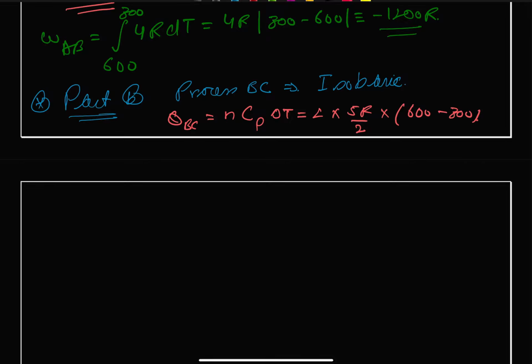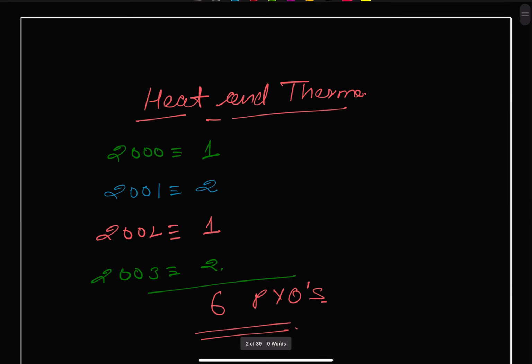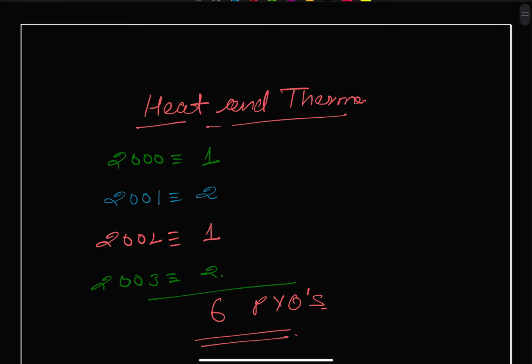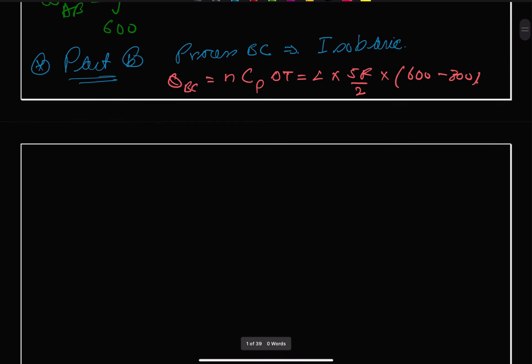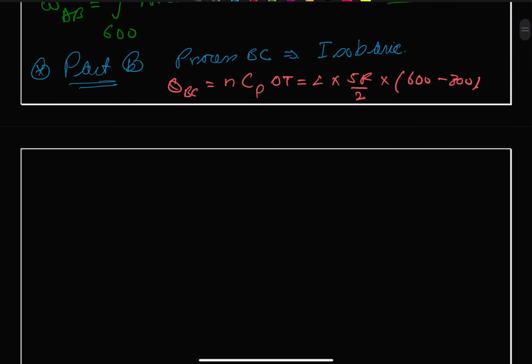So the 2 cancels with 2, and this comes as 300. So 3 multiplied by 5 will give us 1500 times R. This will be 1500 R.